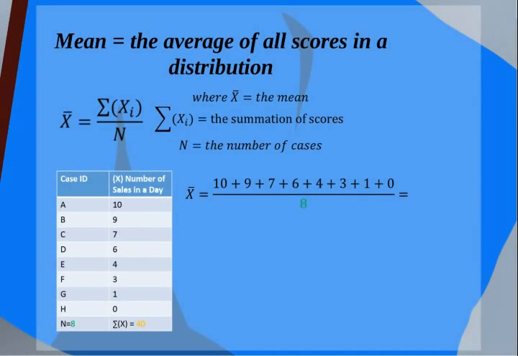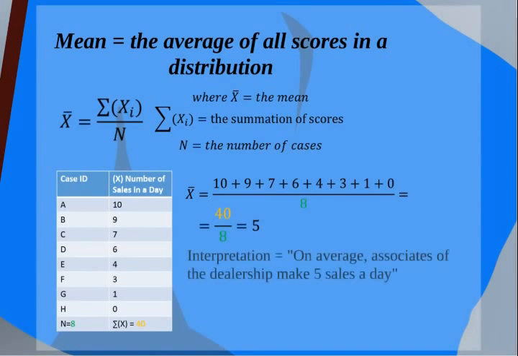So we add up all the scores in the numerator, divide by the denominator, and what we come up with is a score of 5. So what we can say is, on average, associates of our dealership make about 5 sales a day, right? But again, that's not completely telling us the whole story, because as you can see, some people are doing much better than 5. Other people are doing not as well as 5, right? But on average, our group sells 5 cars a day.